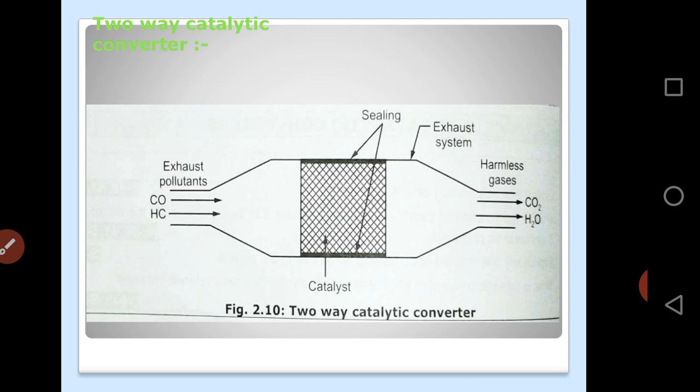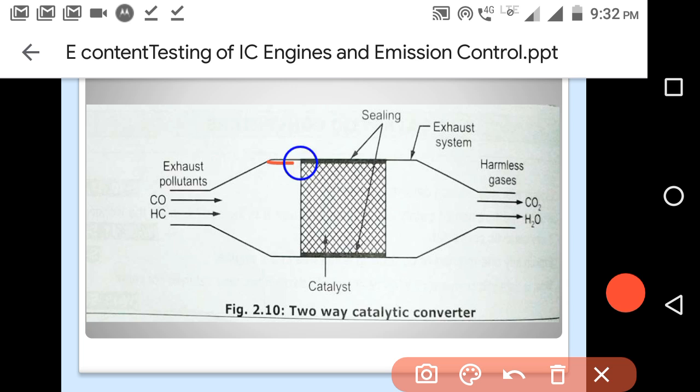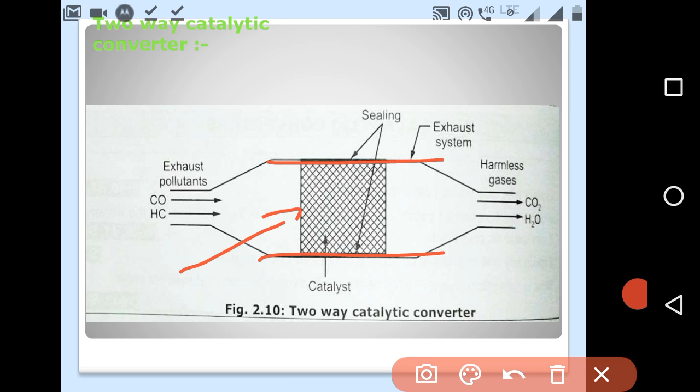You can see in the diagram on the screen that we are using a cylindrical unit like a silencer, and inside it we use a honeycomb structure, made of metal or ceramic.